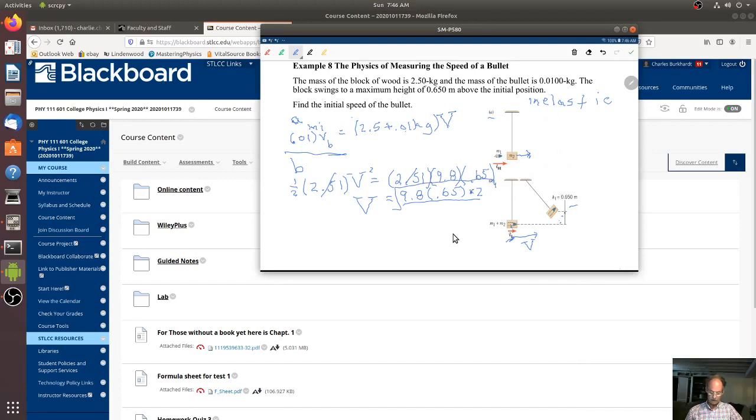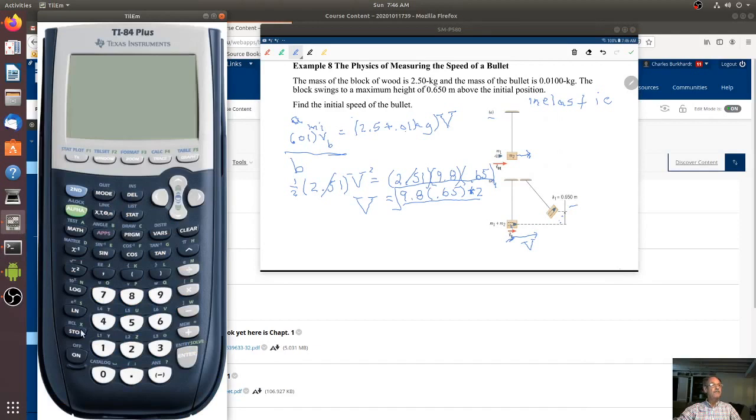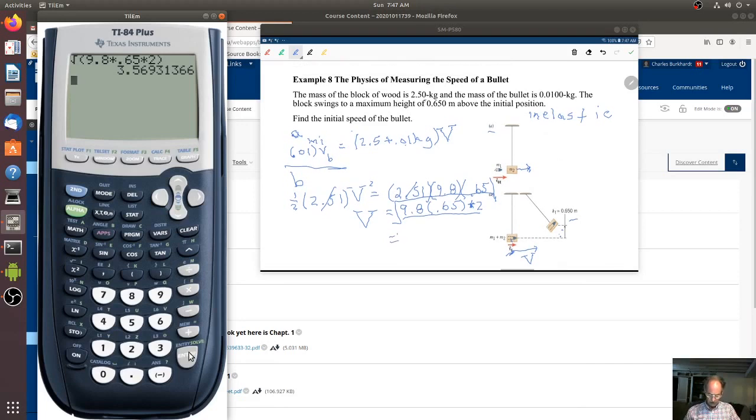Okay, so now I'm going to pull out my calculator and turn it on and take a square root. And 9.8 times 0.65 times 2. Close up that little square root, and I get 3.57 meters per second.